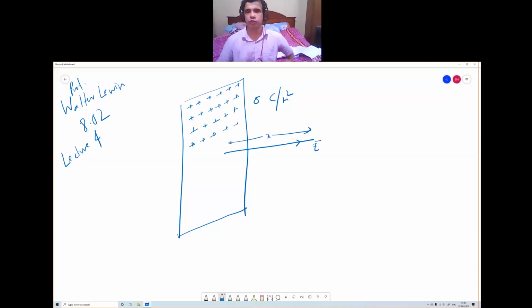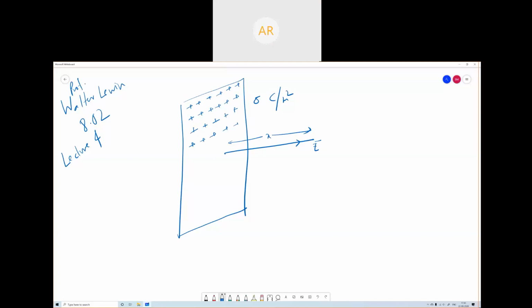So how to approach? What will the Gaussian surface look like here?